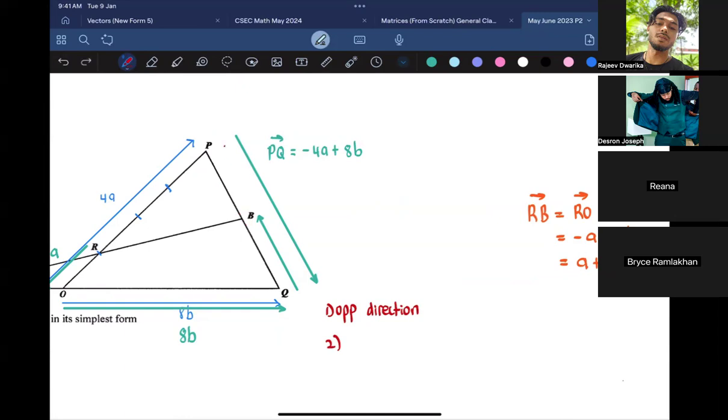If I say that P to Q was 4, we're not talking about direction, we're just talking about length. If P to Q was 4, what are we going to make Q to B? Two. Yeah, right? So the second thing is that Q to B would be half.